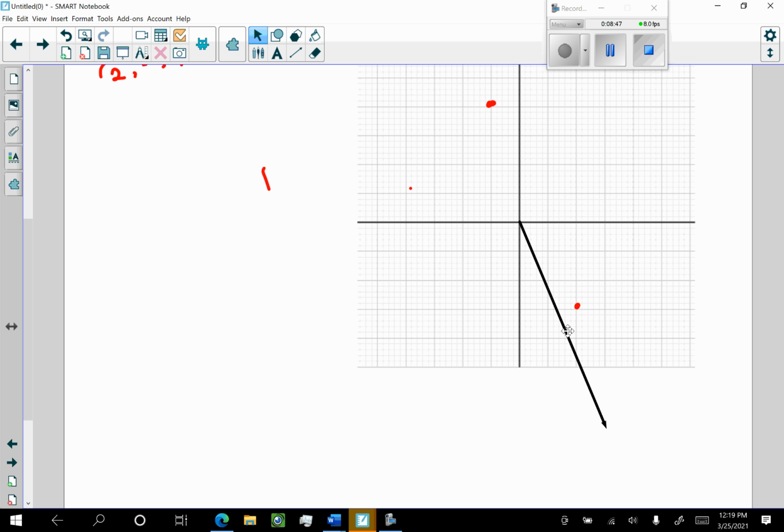Now the component form of that vector is going to be whatever coordinate this is right here. 1, 2, 3, and down 1, 2, 3, 4, 5, 6, 7. So the component form of that vector is <3, -7>.